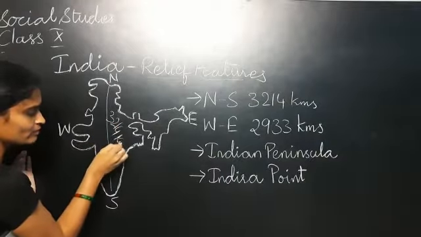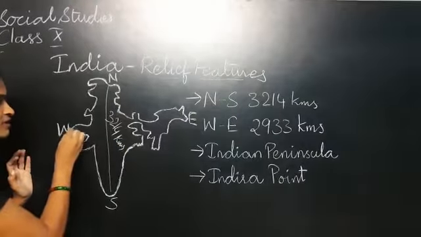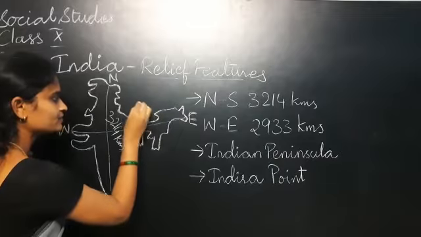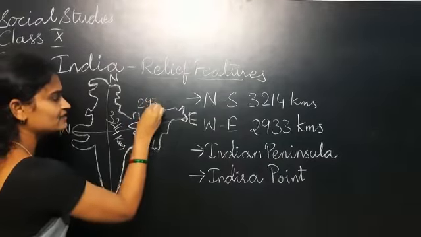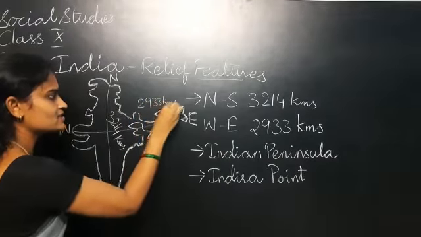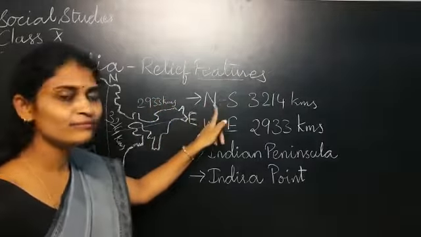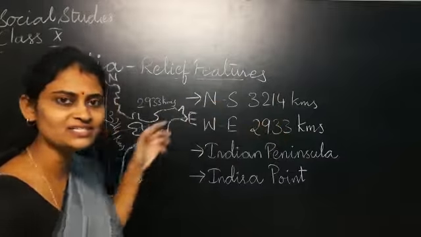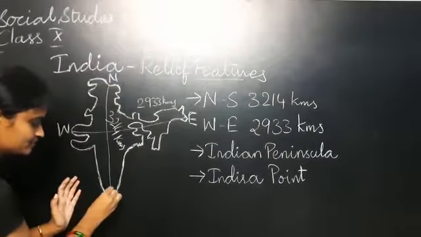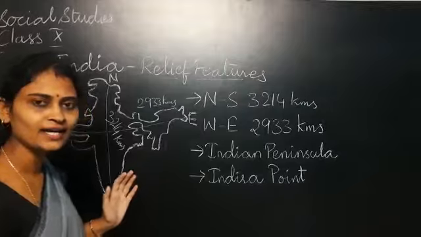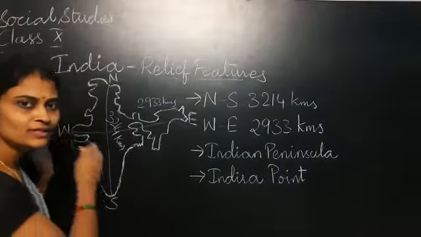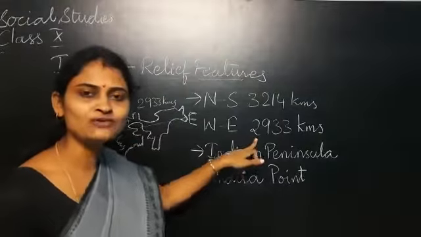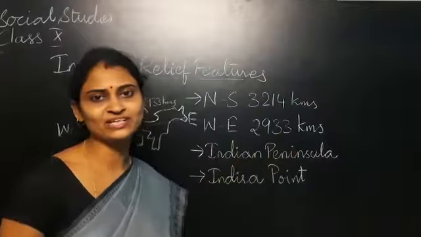The distance from west to east, I am writing here, is 2,933 kilometers. See here children, from north to south is 3,214 kilometers. That is from here to here. Okay, and the distance from west to east is 2,933 kilometers.